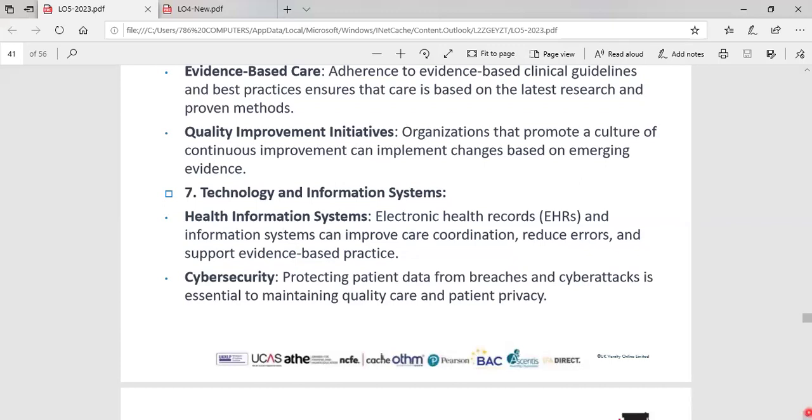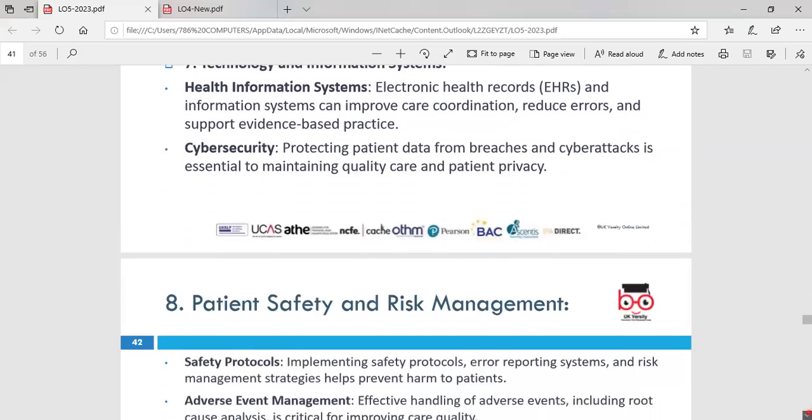Just these small electronically enhanced things can help you and the staff a lot in reducing errors and supporting evidence-based practice. Cybersecurity training should be given to the staff, obviously, because there could be breaches and cyber attacks. These happen, and these are a part of the system whenever you're adopting new technology and information systems.